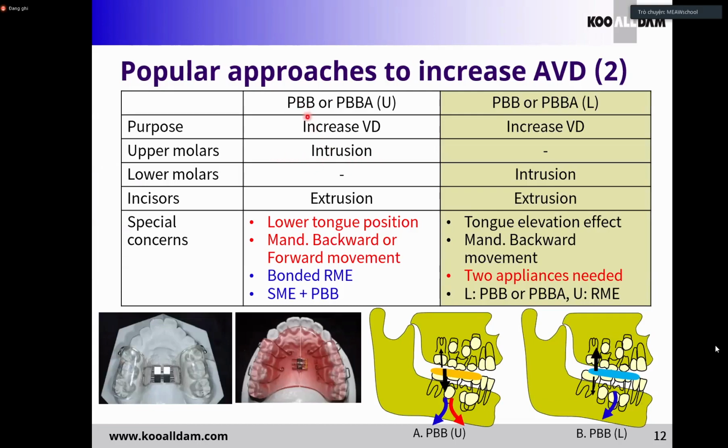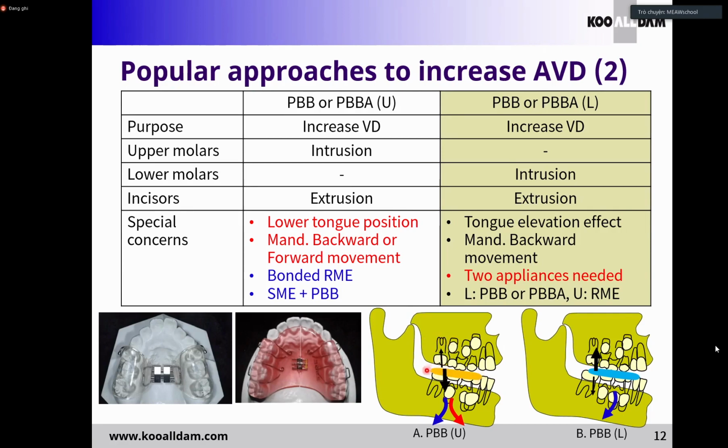So at that time, this is PBB in the upper arch or lower arch. The purpose is to increase vertical dimension. When you use PBB in the upper arch, we consider intrusion of the upper molar, so it is good. However, the main problem is it may cause a lower tongue position. And also, in some cases, the intrusion of the upper first molar is good for class 3 treatment.